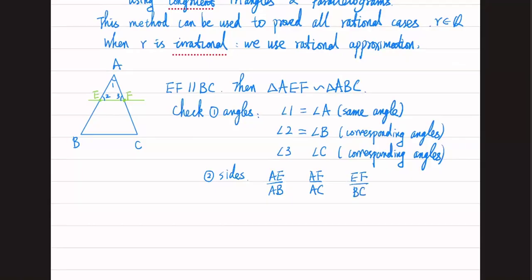Are these three ratios the same? And why? What theorem guarantees this? The only assumption we have is that the two lines are parallel. Is this enough?